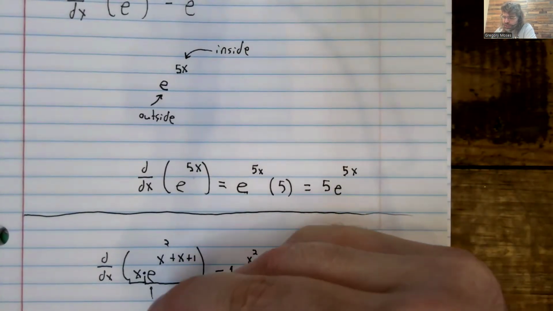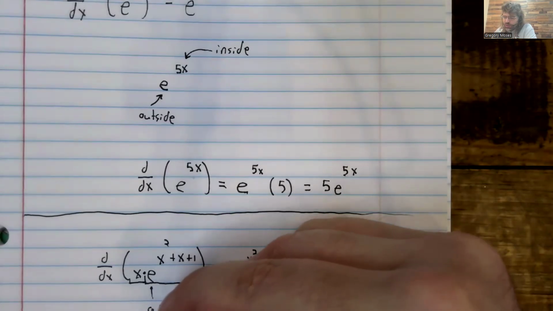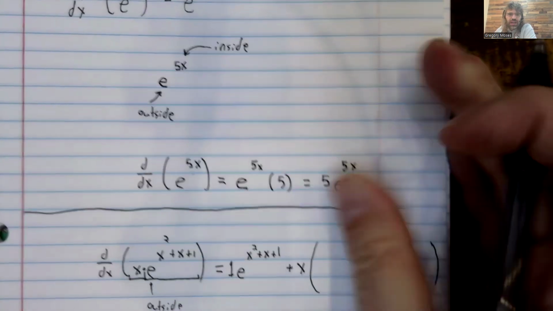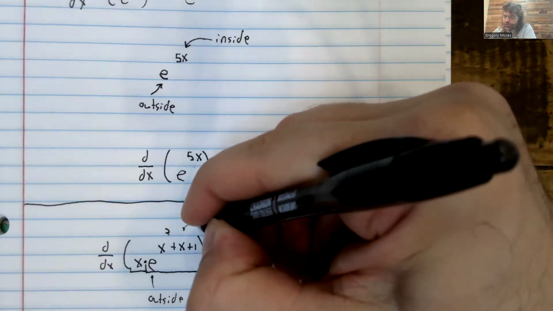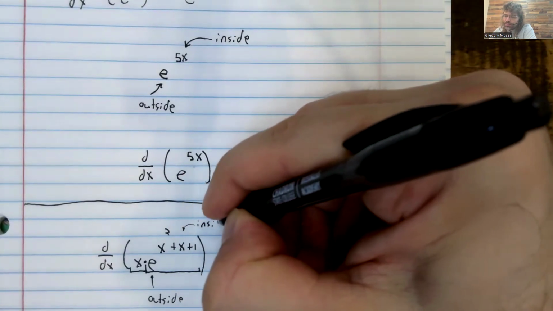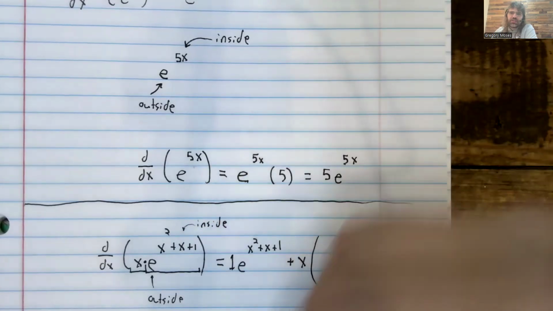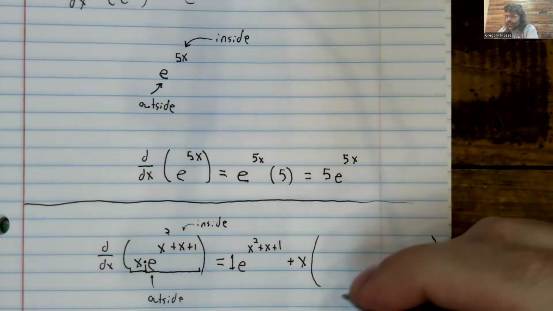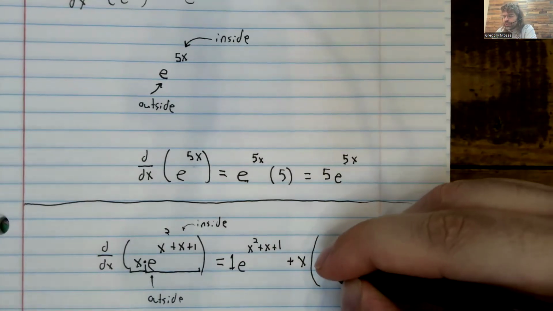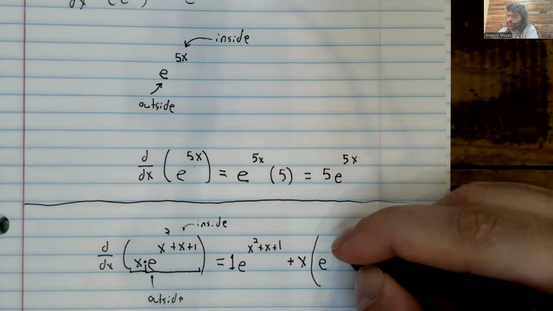Again, the exponential is the outside function. This quadratic is the inside function. So the derivative of the exponential is the exponential.